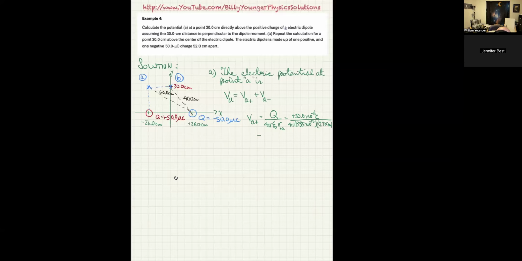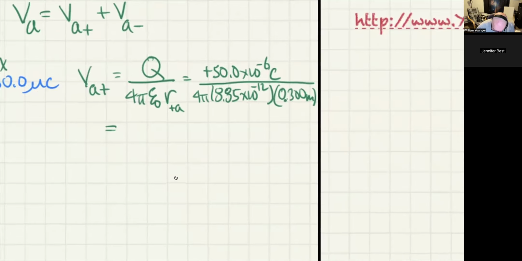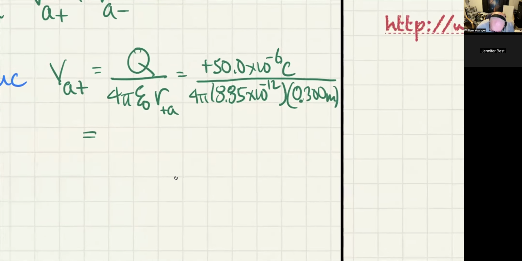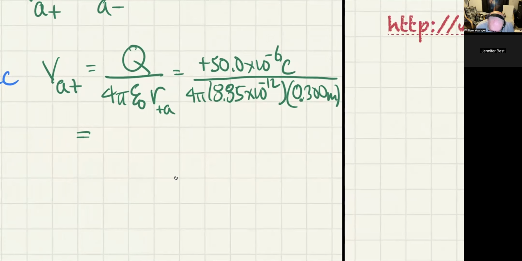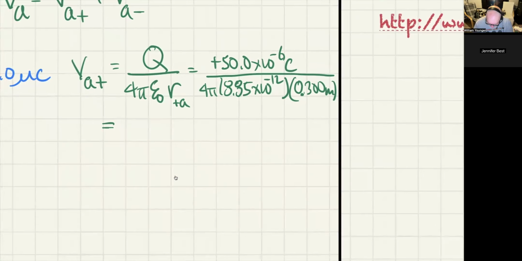Now, I did write that kind of small, but just in case, I want to make sure everybody can see it. So I have 50 times 10 to the negative 6 coulombs. The units for the 8.85 times 10 to the negative 12th are coulombs squared per Newton meter squared. So you can see that the Newton meter squared in the bottom, the Newton will stay, but one of the meters will cancel.